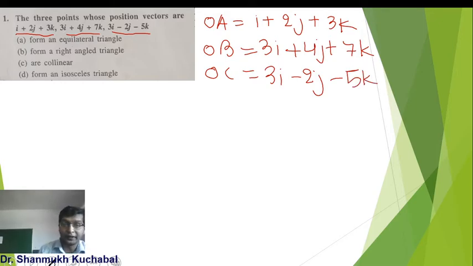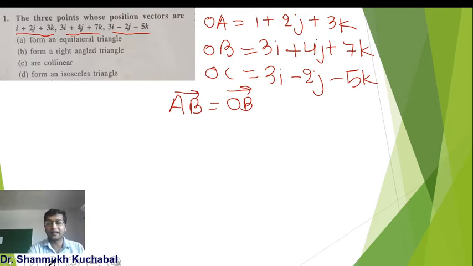Further, we have to calculate the length of AB. The length of AB is the final value minus the initial value. B is the second letter, so final minus initial, OB minus OA.